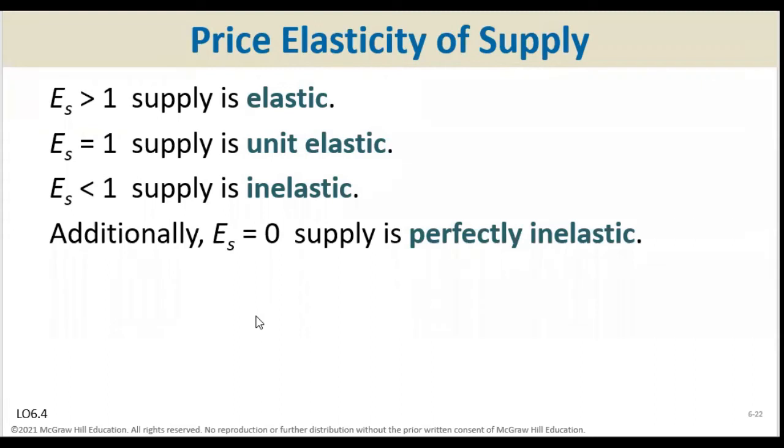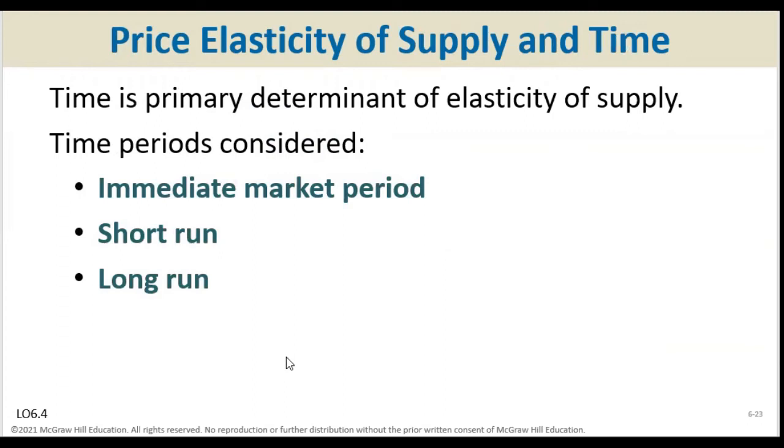If it equals 1, it's unit elastic, and less than 1 means the supply is inelastic. And additionally, we have ES equal 0 when the supply is perfectly inelastic. So, price elasticity of supply and time.